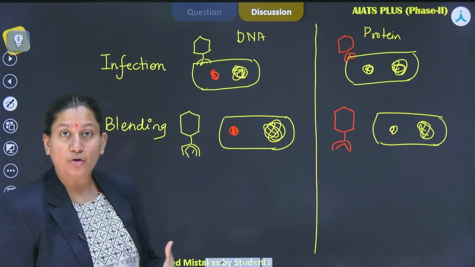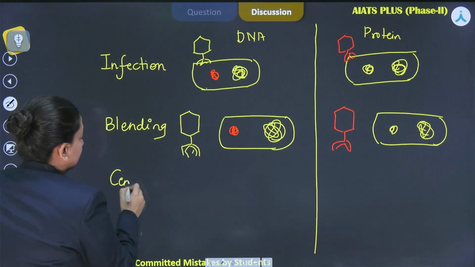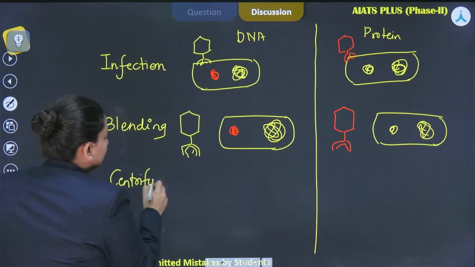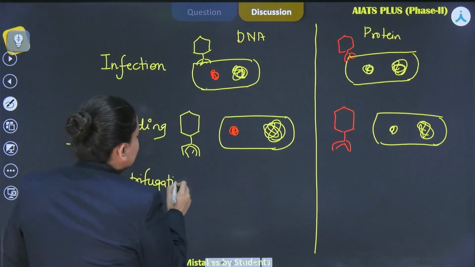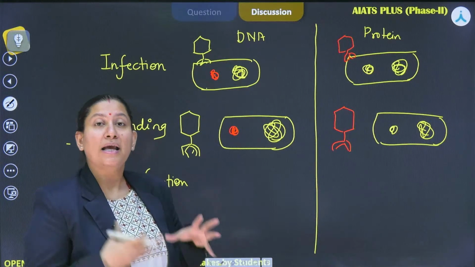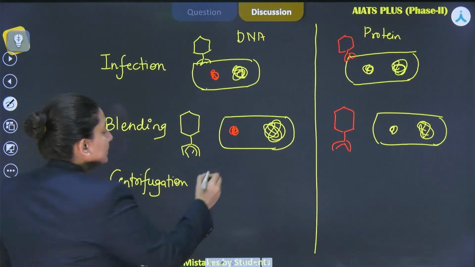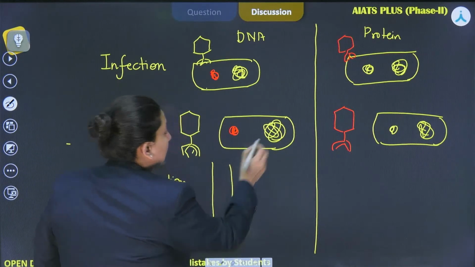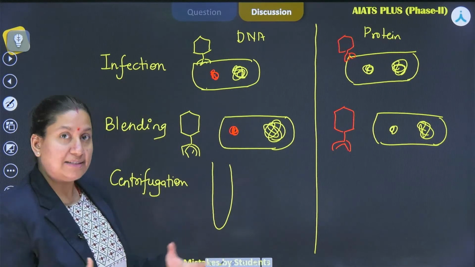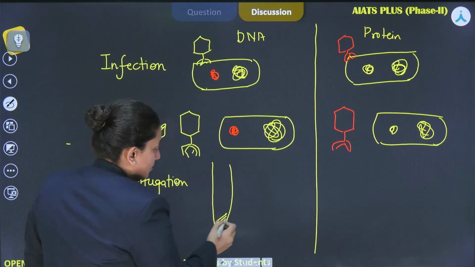For that, they have performed centrifugation. And we know in centrifugation, whichever is dense or heavier is going to settle down, and the lighter ones are going to remain in the supernatant. That is the reason why the bacteria, being bigger in size and heavy, is going to settle down in the pellet, right, over here.